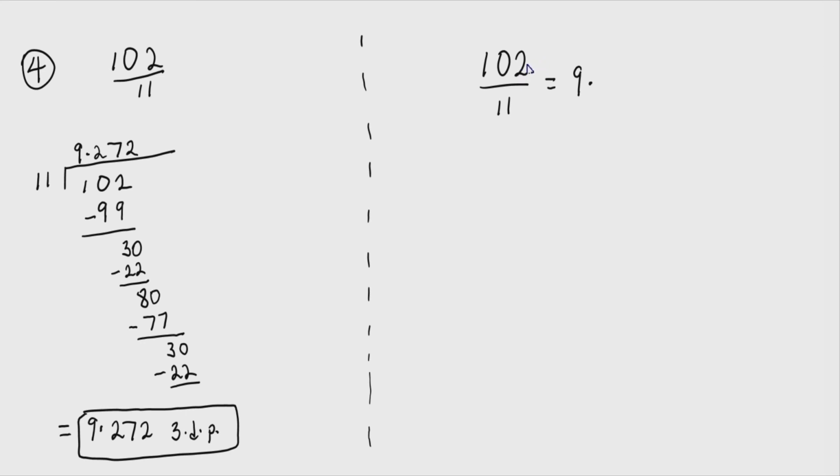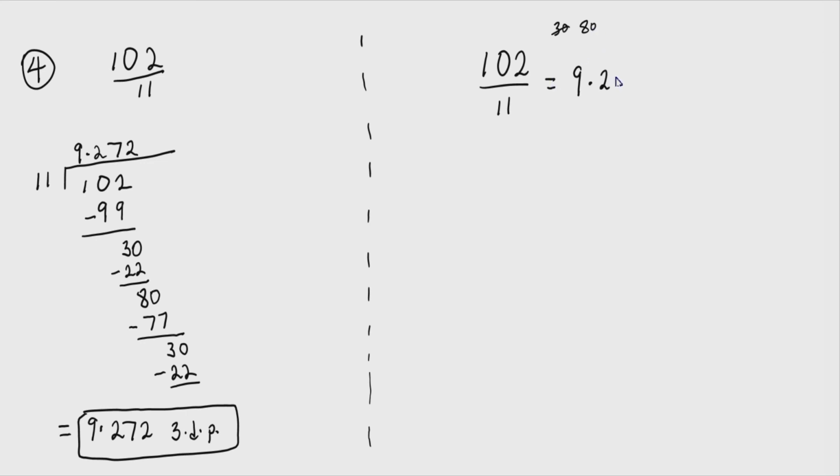So 11 and 30 is 2, and 2 times 11 is 22 from 30 is 8. So there's 8 left.